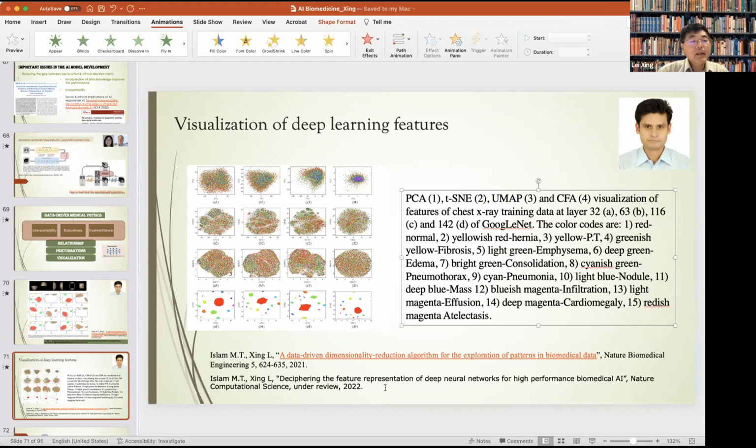So the accuracy is, I would say, two or three orders of magnitude higher, if you just want to do super resolution imaging, than interpolation like B-spline, right? If you just try to interpolate from low resolution to high resolution, you're not going to be successful. You're going to see a lot of blurring. But with deep learning, yes, you can get very high quality images.